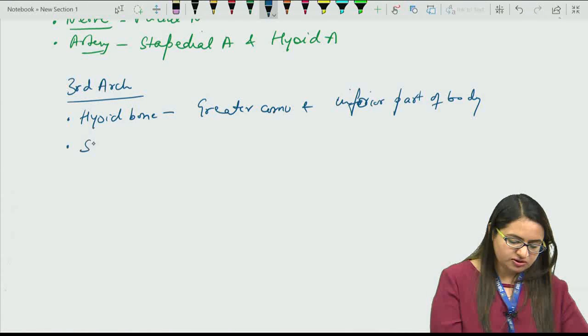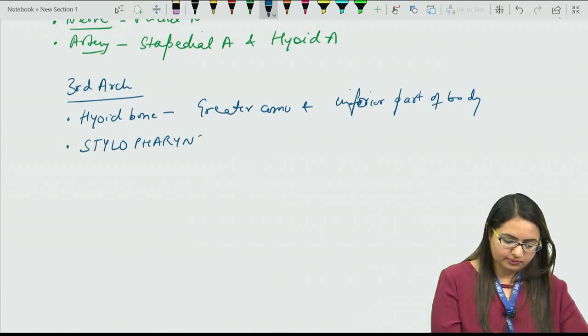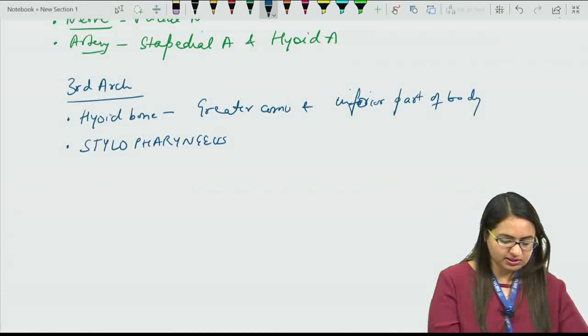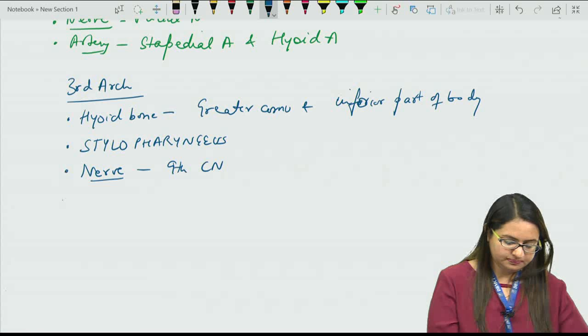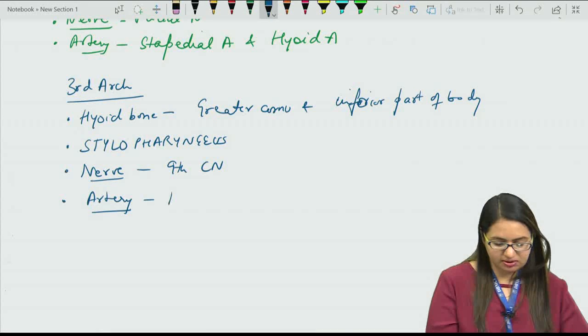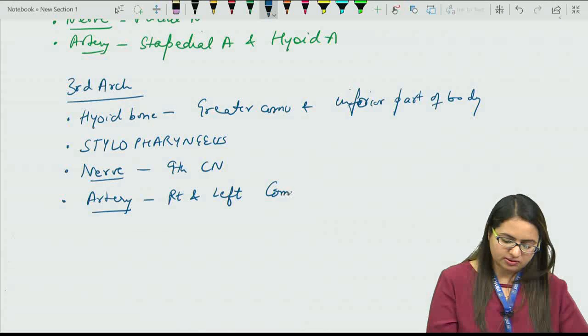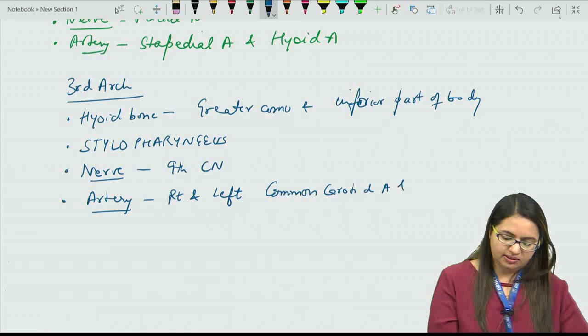Apart from this, it is giving rise to one muscle, that is stylopharyngeus muscle. The nerve of this arch is glossopharyngeal nerve, that is the 9th cranial nerve. And the artery for this arch is the right and the left common carotid and the internal carotid artery.